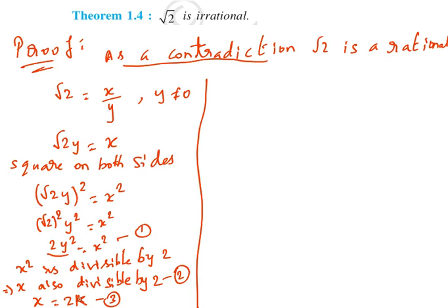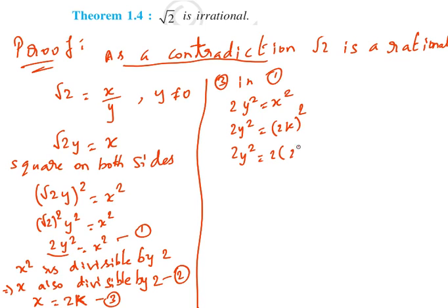Now let me substitute x equal to 2k in equation number 1. So let me substitute 3 in 1. What is the first equation? 2 y square equal to x square. If we substitute x equal to 2k, then 2 y square equal to 2k the whole square. So it becomes 2 y square equal to 2 times 2 k square. This 2 and this 2 we can cancel, so that y square equal to 2 k square.